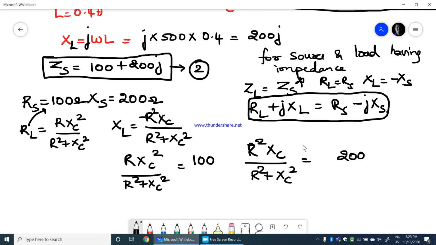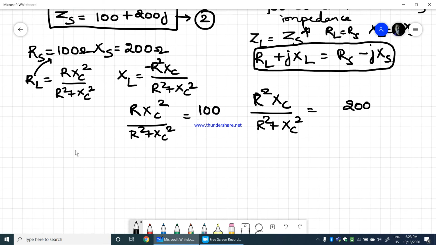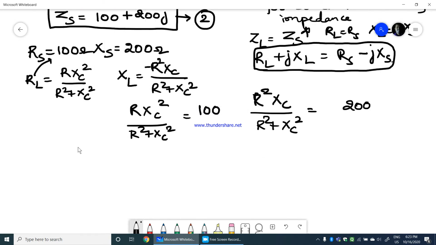Now we need to find out what R and C are. So how do we find that here? With these two equations, what can we derive? I can say 1 over R square plus XC square equals 100 by RXC square.